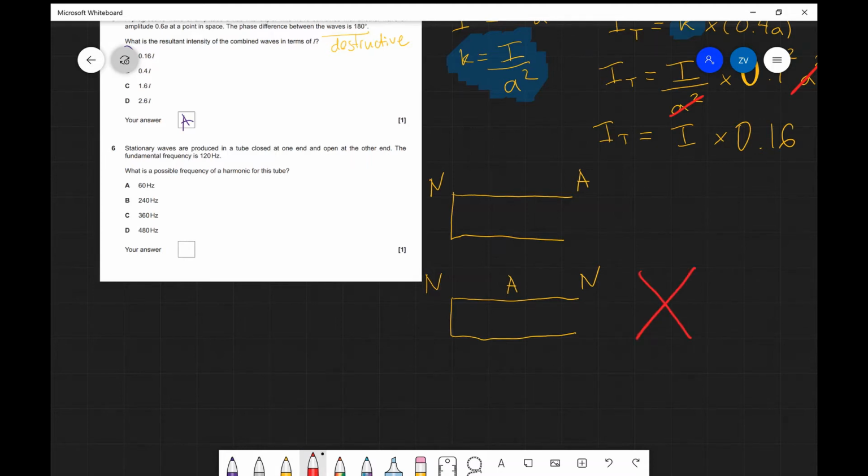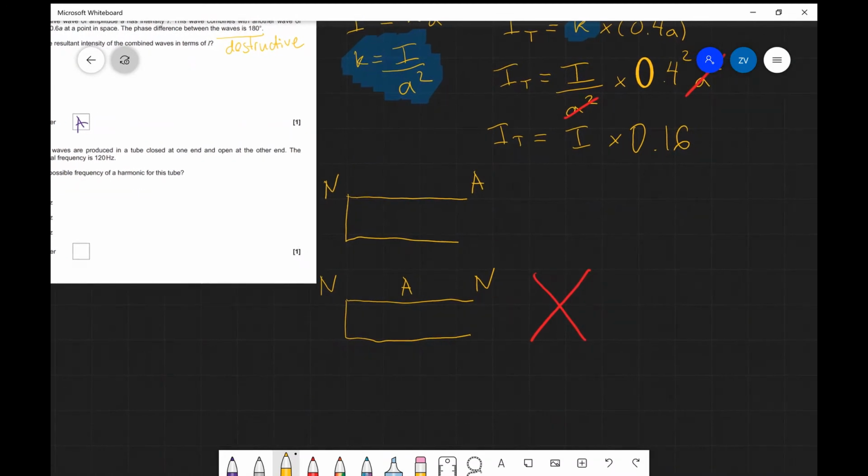The reason for that is because we're just going to have an antinode right at the opening of the musical instrument, which kind of defeats the purpose of having a musical instrument to begin with. So what we are allowed are odd multiples.